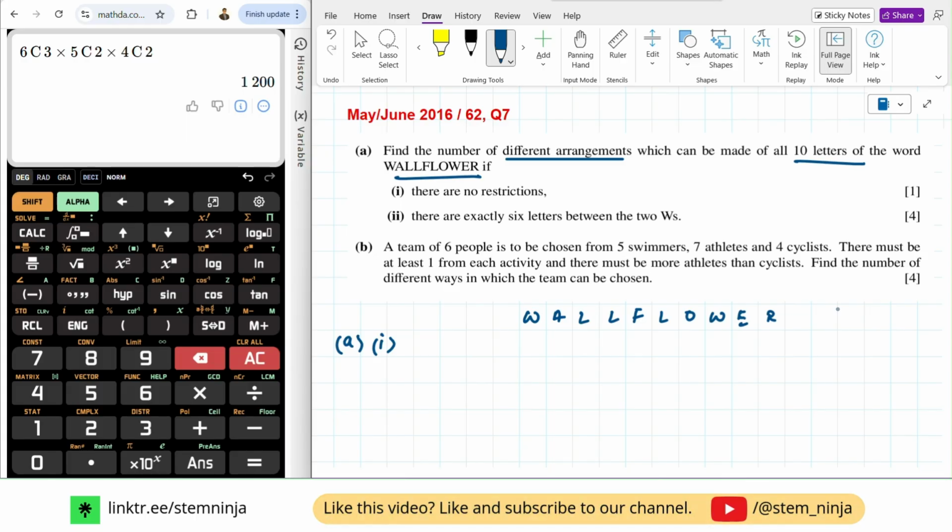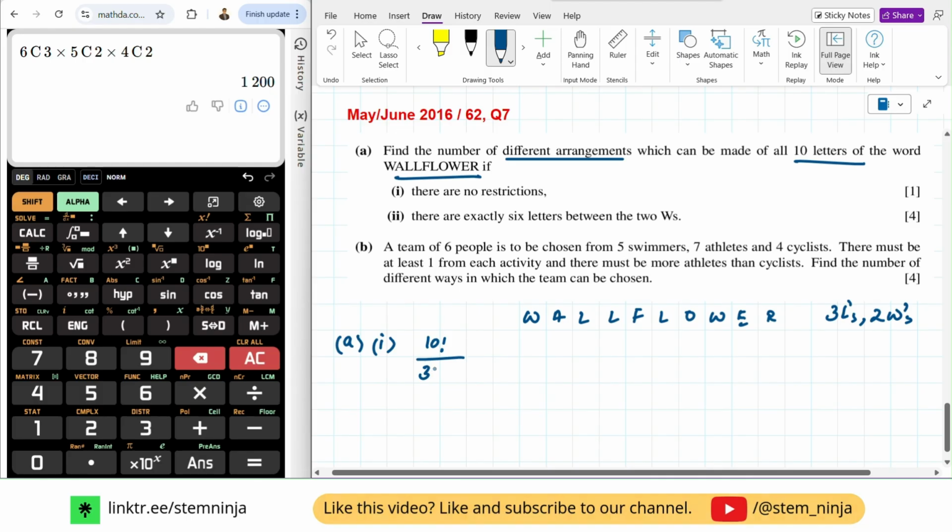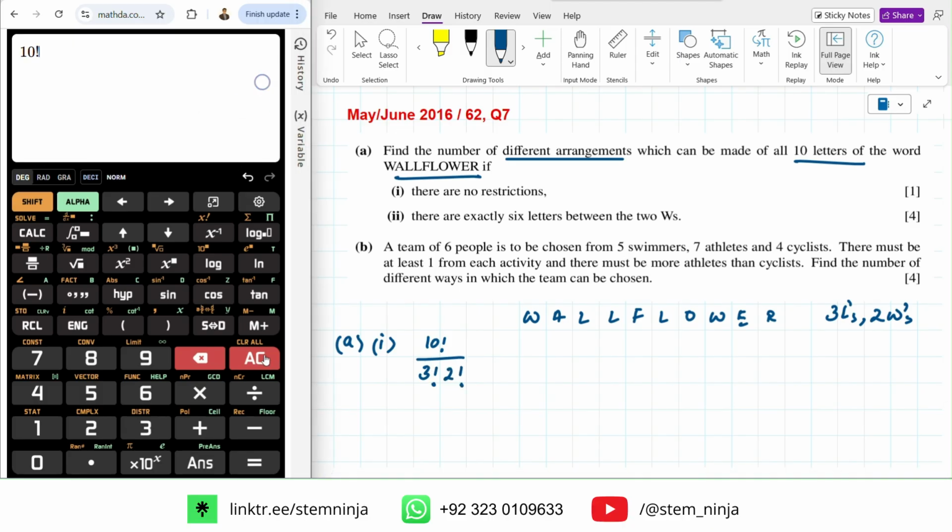Now, as you can see, there are 3 L's and 2 W's. If there are no restrictions, that would be simply 10 factorial for the total, divided by 3 factorial for the L's, which is 6, and then times 2 factorial, 2.